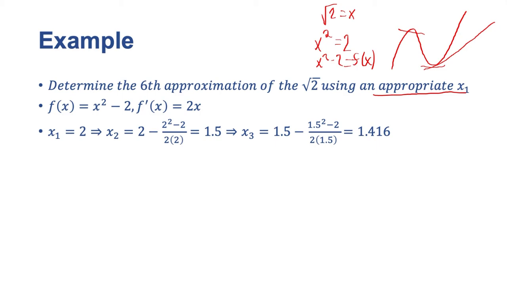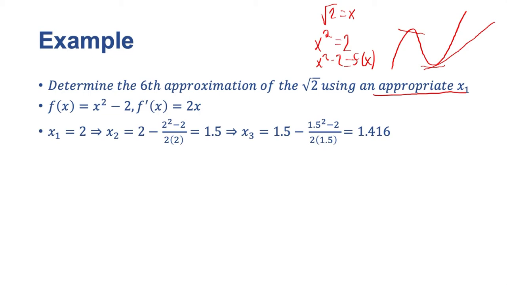Now, I would hope that you follow along with your calculator, because this is probably going to be pretty tricky to deal with without a calculator. So now for our x3, we're going to take 1.5. We're going to do 1.5 minus (1.5 squared minus 2) over (2 times 1.5). That's going to give us 1.416.